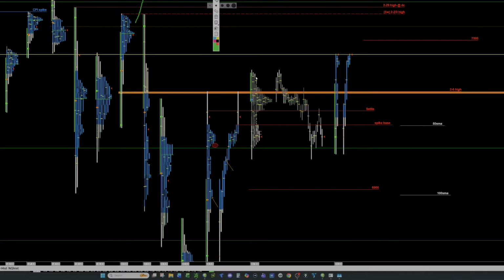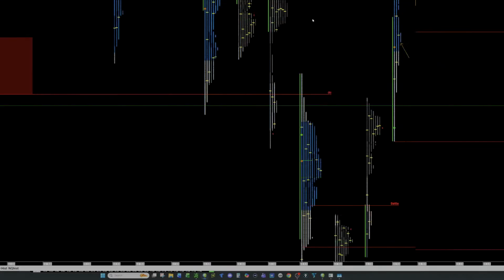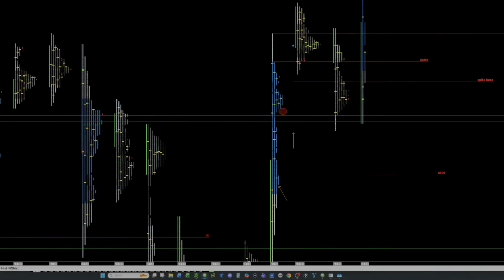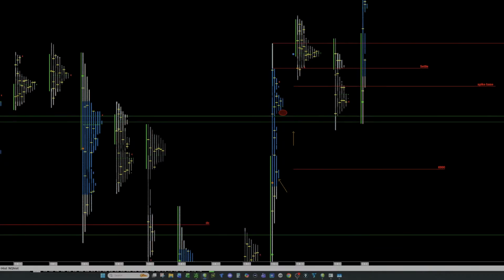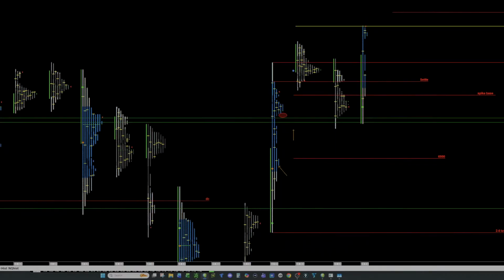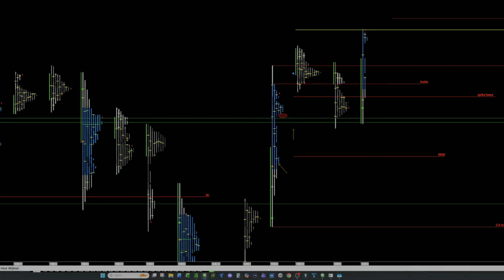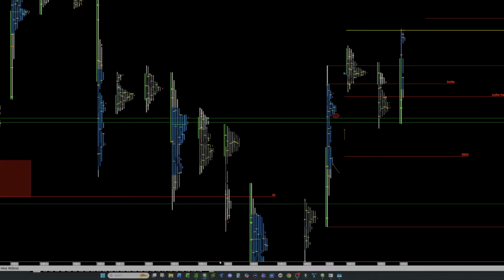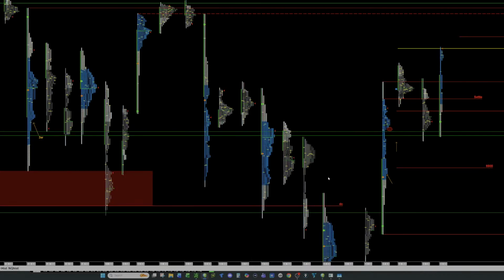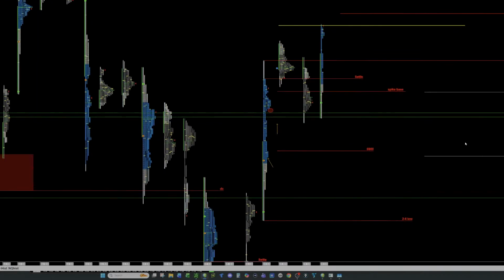I'm not saying that's going to happen, but when we call the other chart, the same chart, this is again the same ES, the same but different. I want to check something here.